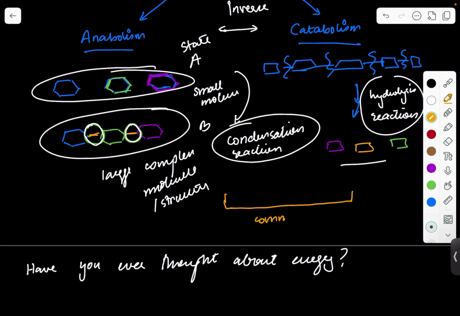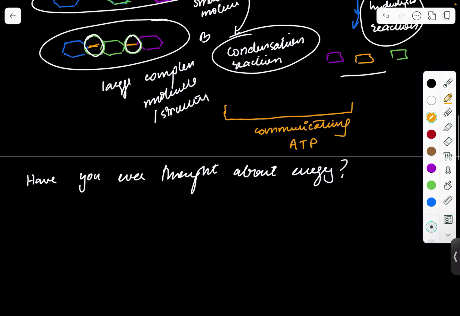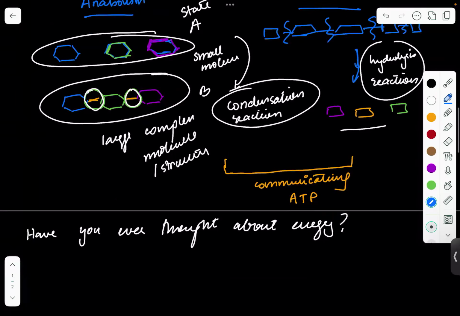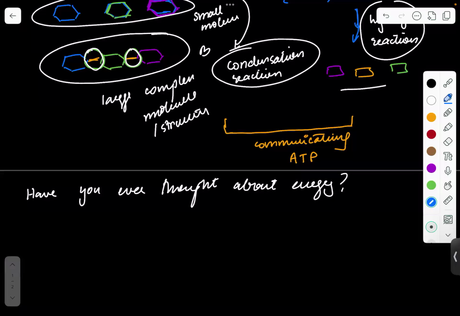How are they communicating? Somebody said ATP. Yes, exactly. They're communicating through ATP. Now, the thing to understand is that in anabolism, you're making a large structure.